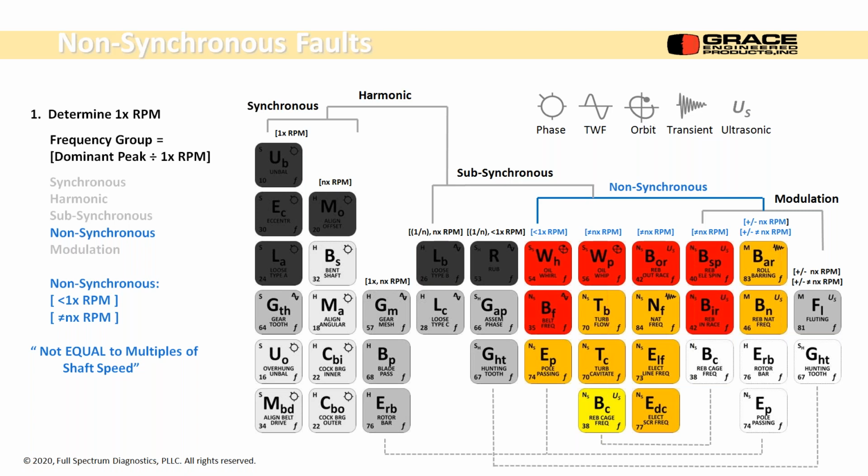Non-synchronous is a group that is not equal to multiples of shaft speed. So they're not harmonics. So anything in between the whole number multiples of turning speed are what non-synchronous frequencies are. And this includes oil whirl and oil whip. All the bearing, rolling element bearing frequencies are all non-synchronous.